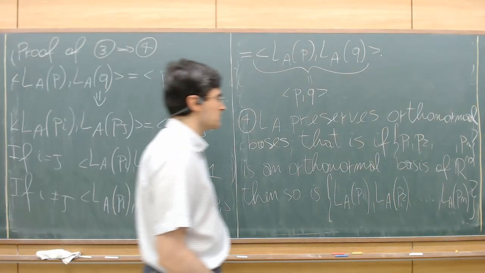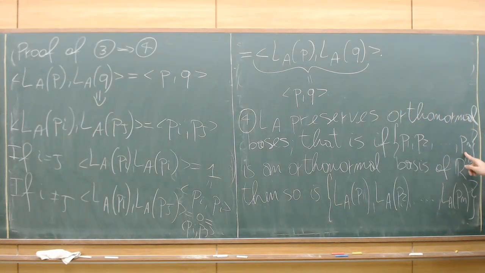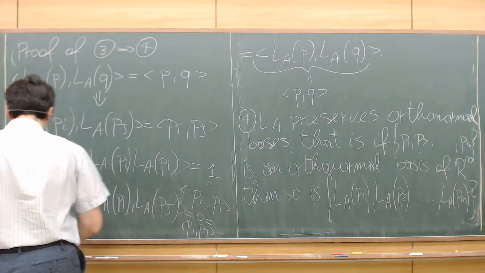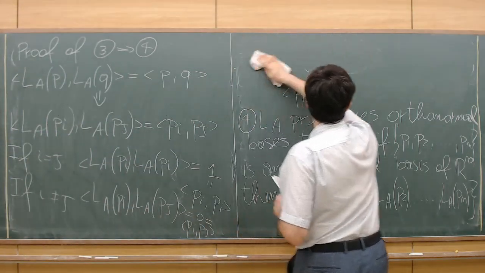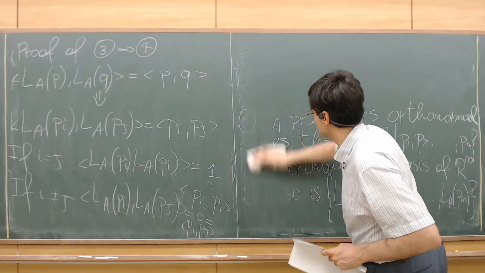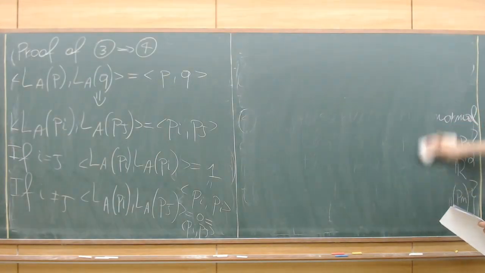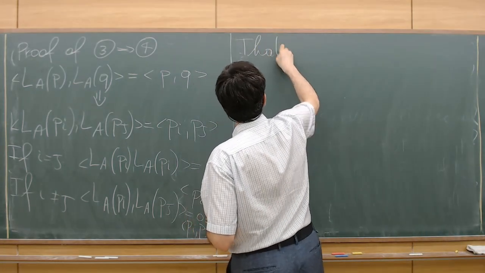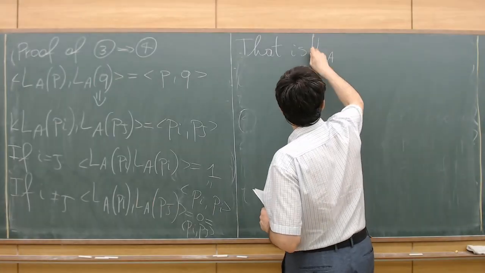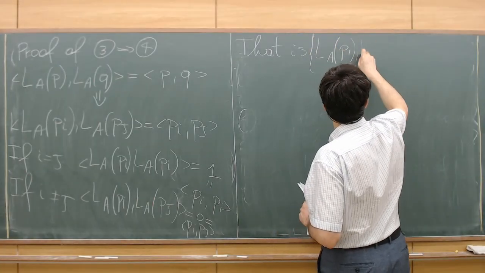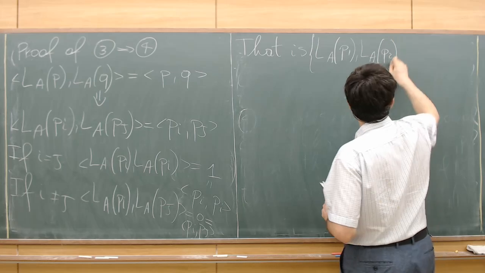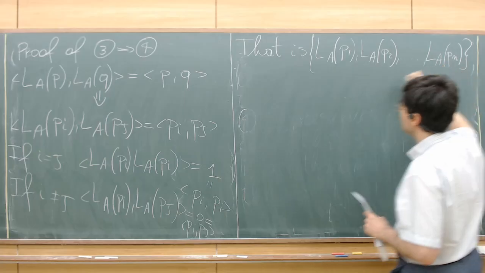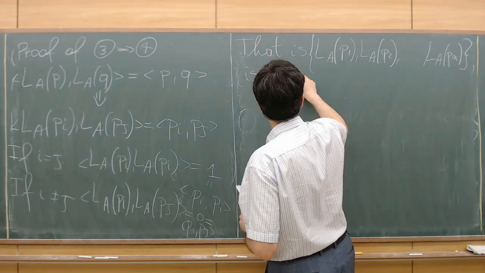Because by hypothesis, P1, P2, P3, Pn is an orthonormal basis. So 4 is proved. So I should write that LA P1, LA P2, LA Pn is an orthonormal basis.